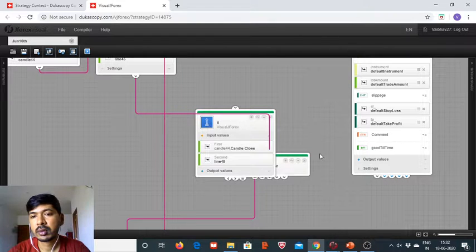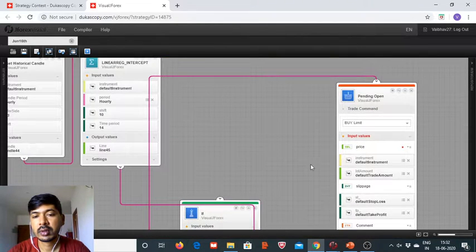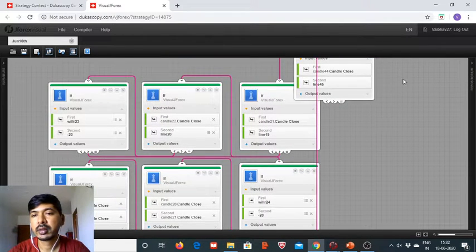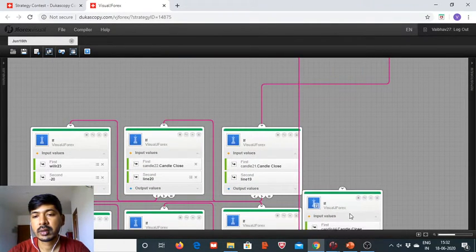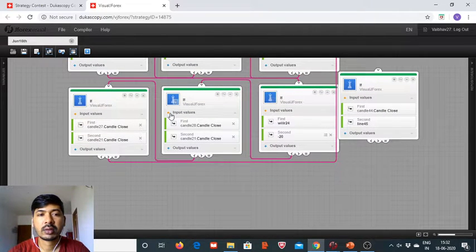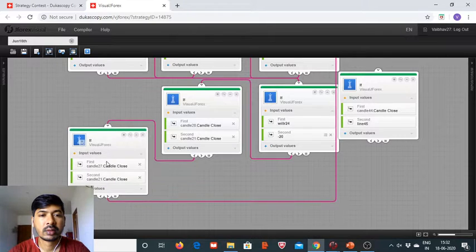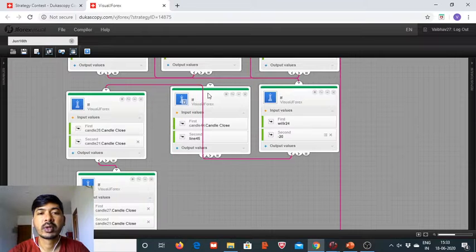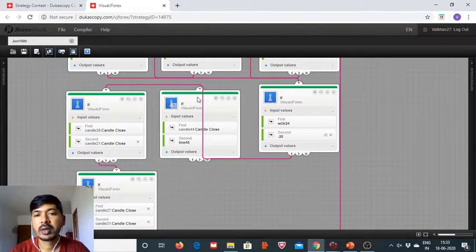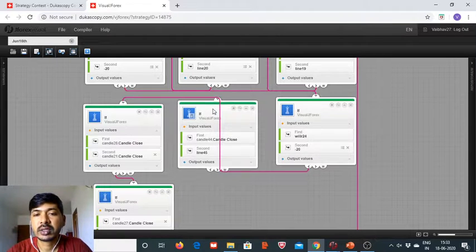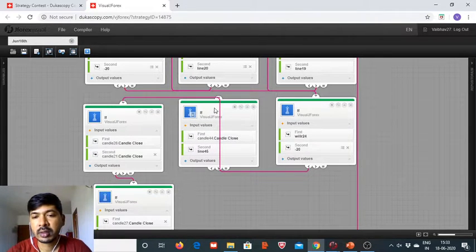So what we have to do is add this condition. So here we add it just before the defining of the exact trade initiation point. Rest of the conditions remain as it is.